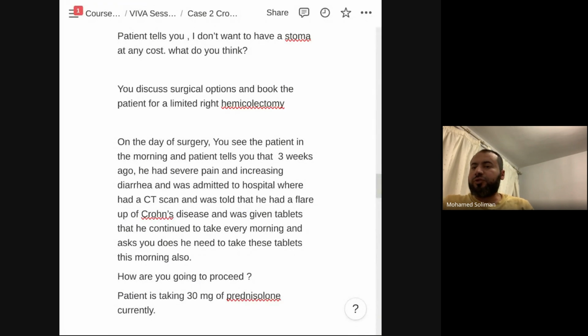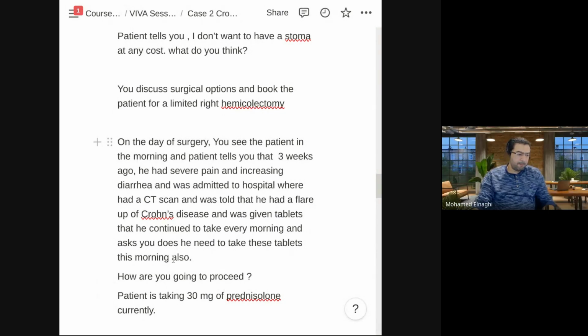As I mentioned, I'm not planning to give him an anastomosis, so it wouldn't be my main concern now, but my concern now would be the high dose steroids. Okay. So the patient shows you the tablets, and it seems that he's taking about 6 tablets of prednisolone a day. It's about 30 milligrams.